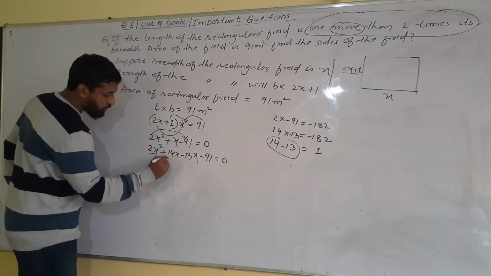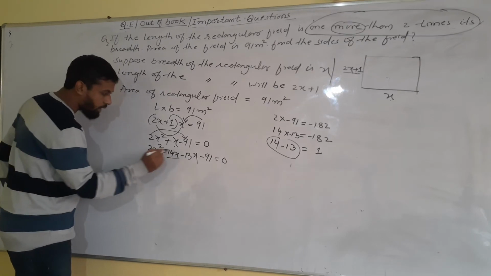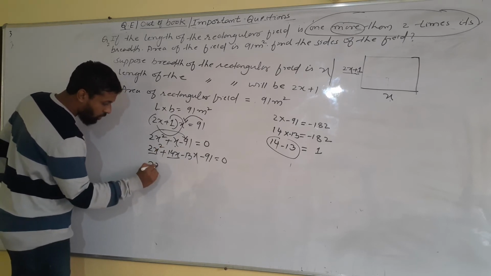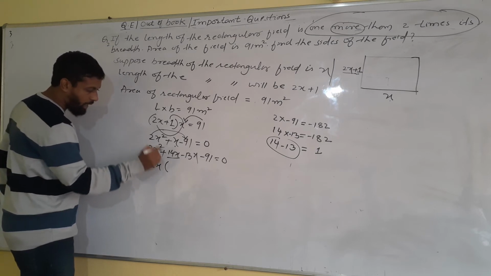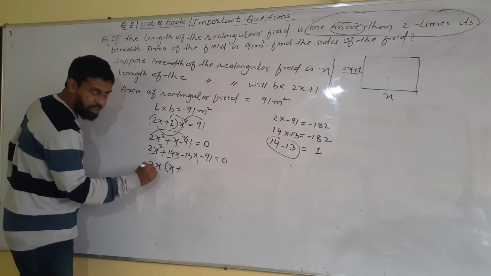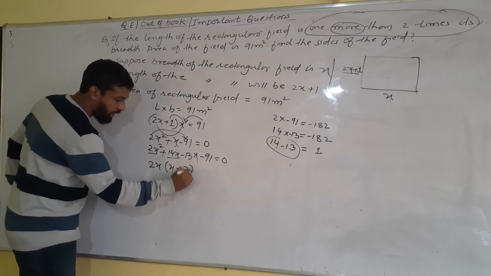Now in the first two values, 2 is common, and x is also common. 2x is common, and only x is remaining here. Plus, x is common, which is outside the bracket. When you divide 14 by 2, 7 will remain.